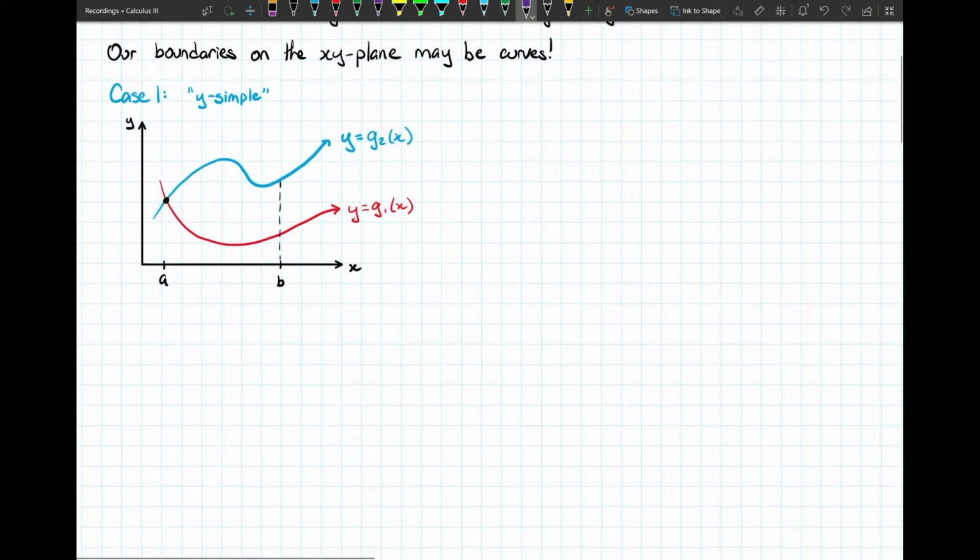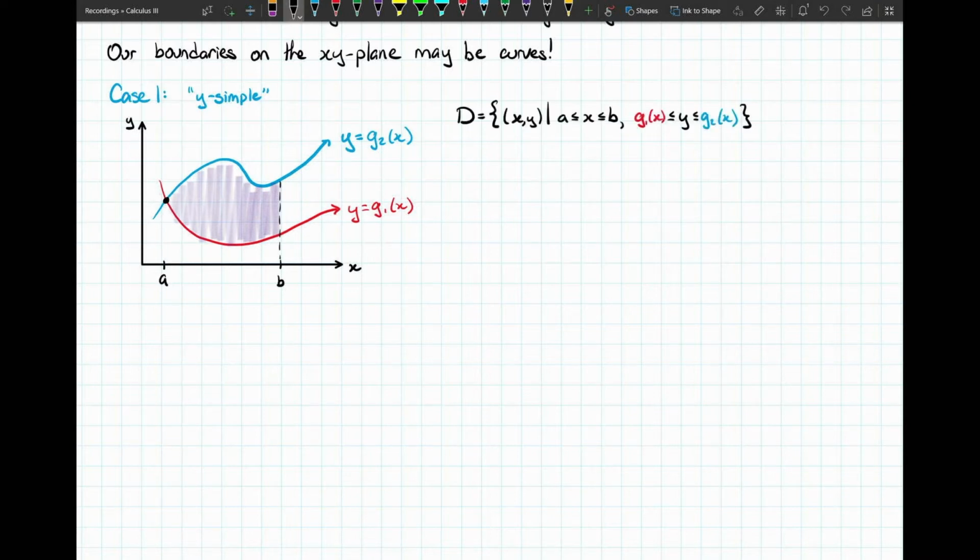You can imagine that if I were to fill this in with vertical stripes, that the top and bottom of these vertical stripes are always going to be bounded below by the red function and bounded above by the blue function. We call that y simple. If you want to use our set notation here, then we can just use an inequality from one constant a to another constant b for our values of x.